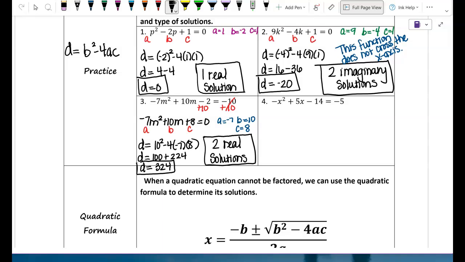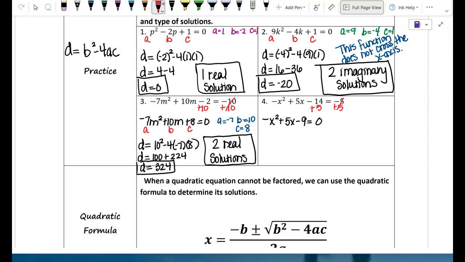Number 4, negative x squared plus 5x minus 14 equals negative 5. Again, I need to add 5 to both sides. Negative x squared plus 5x minus 9 equals 0. So I need to make sure that one side is equal to 0 before I continue.